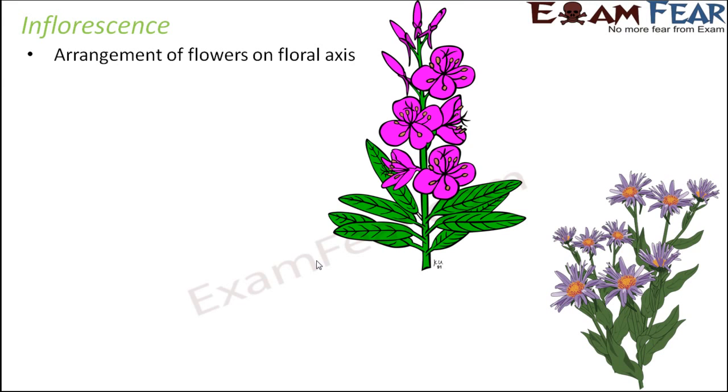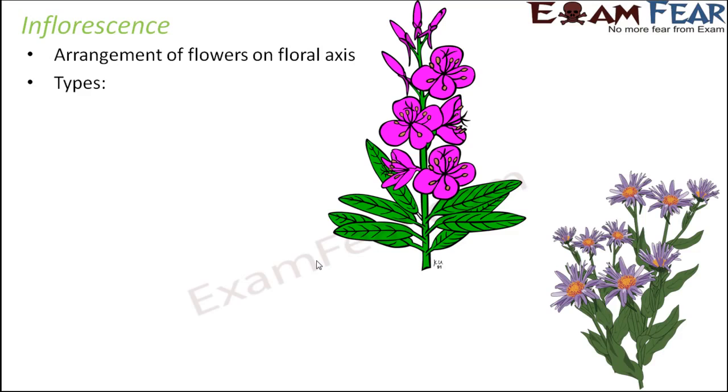Now again, inflorescence is of two types based on whether the main axis, or the floral axis, always keeps growing or has a limited growth. In one type of inflorescence, the main axis will keep on growing forever, and in the other type, it will have a limited growth. Inflorescence comes into picture only when a floral axis bears a cluster of flowers.